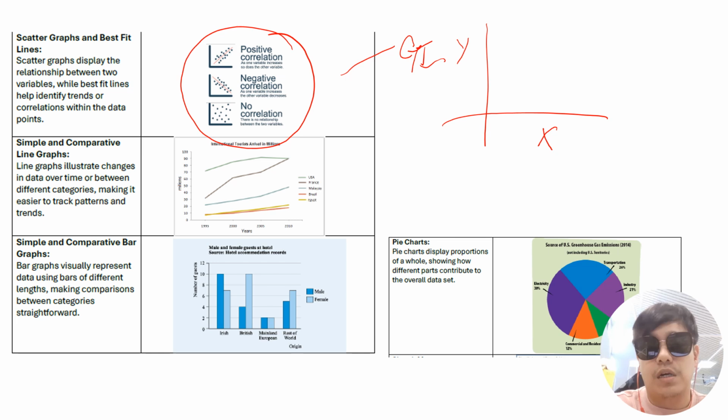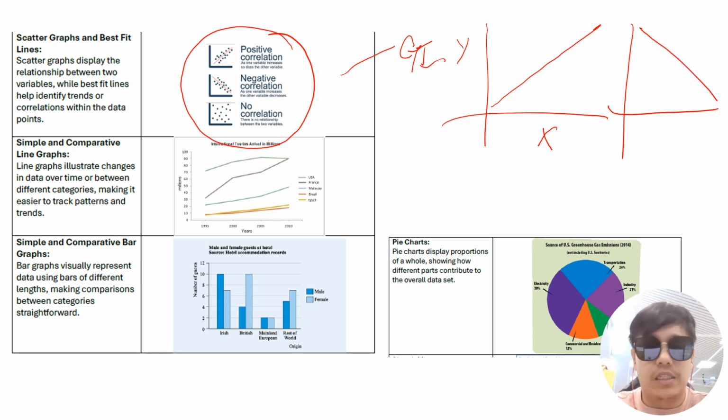If the best fit line is moving upwards like this, it is a positive relationship. When it is going downwards, it will be a negative relationship. And sometimes there's no relationship, your data points are all over.